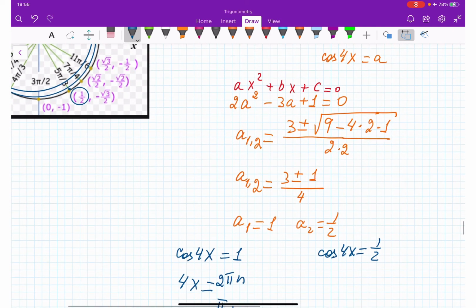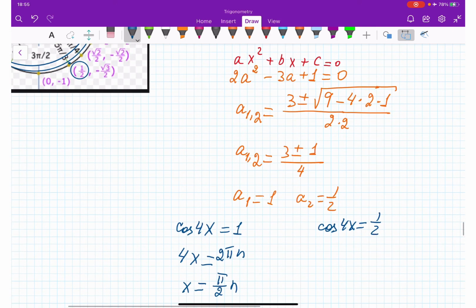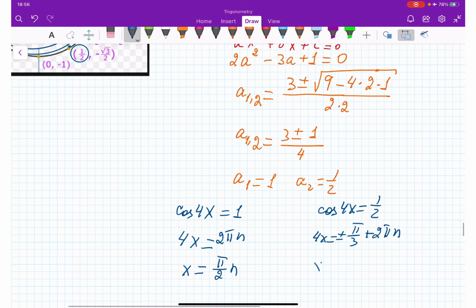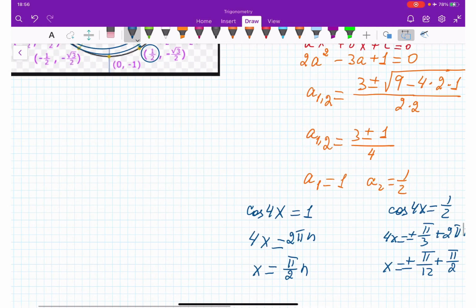So we are going to get 4x is equal to plus or minus pi over 3 plus 2 pi n. And from here, x is equal to plus or minus pi over 12 plus half a pi times n.